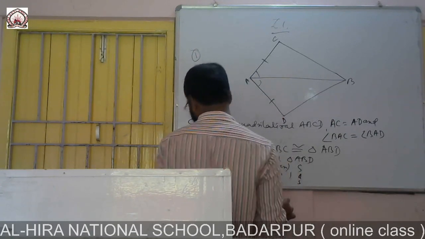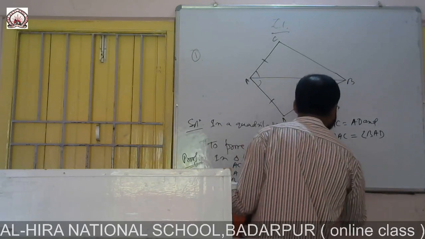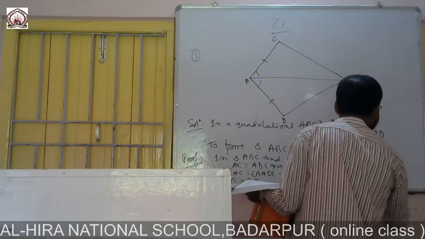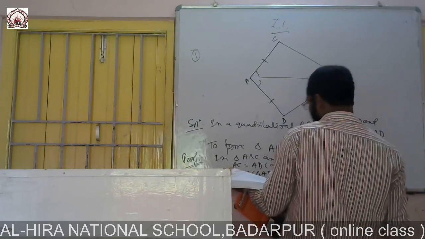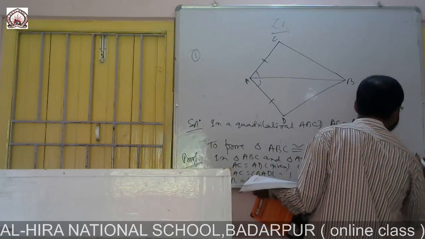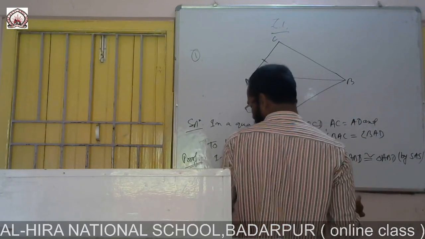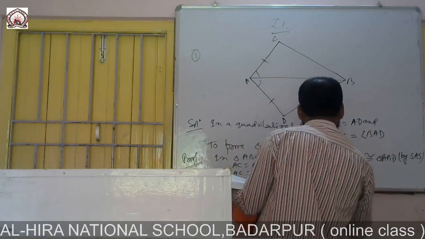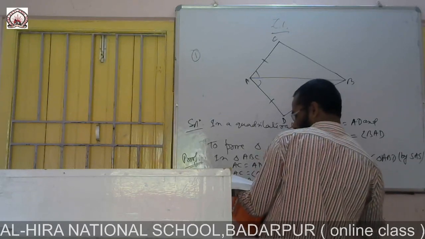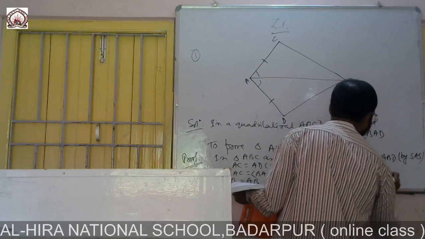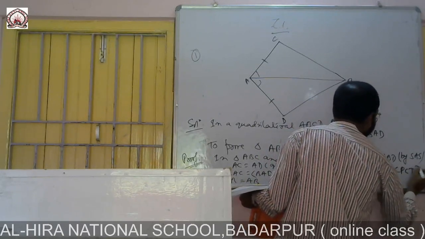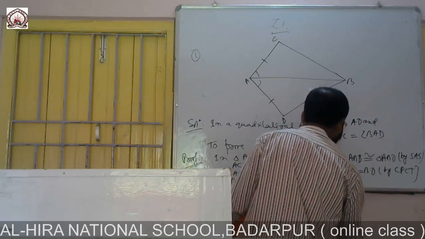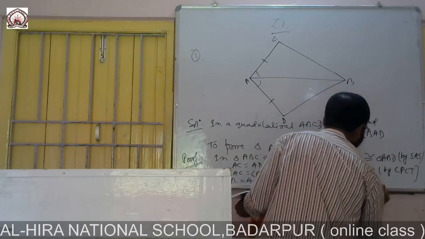Hence we can write triangle ABC is congruent to triangle ABD by SAS congruence rule, and then we can write BC is equal to BD by CPCT. Thus BC and BD are equal.